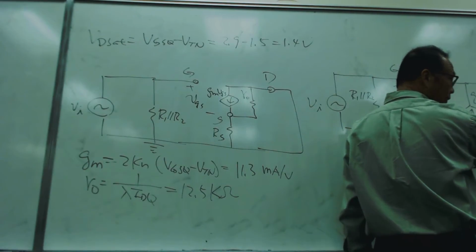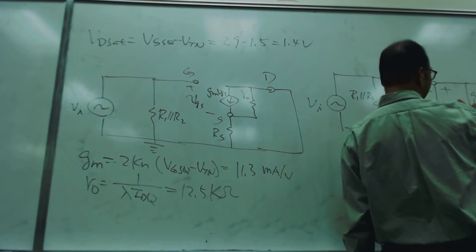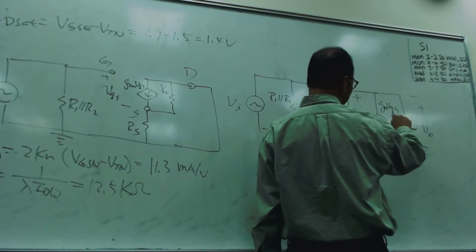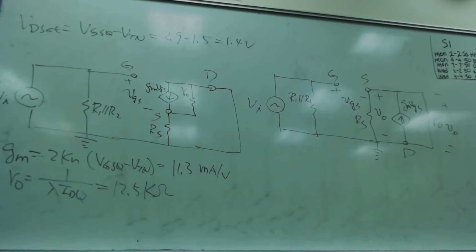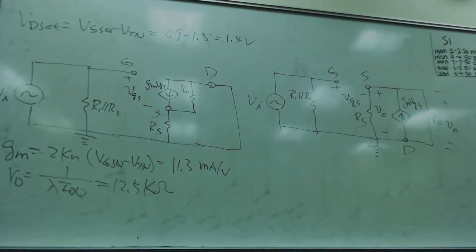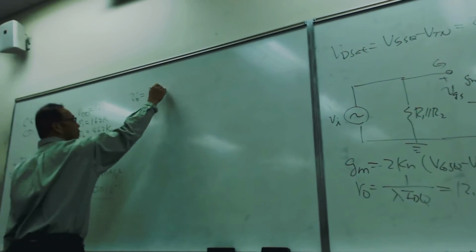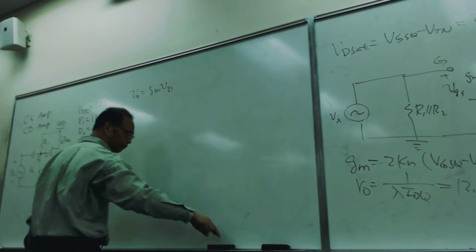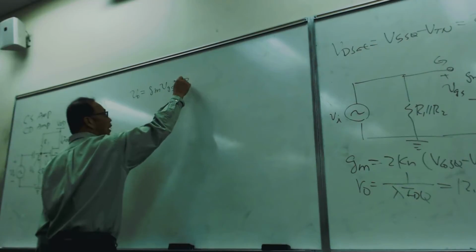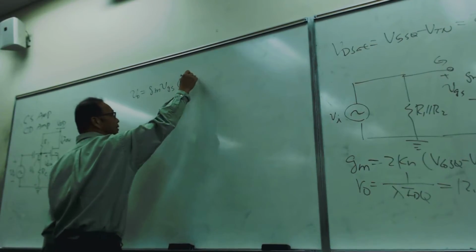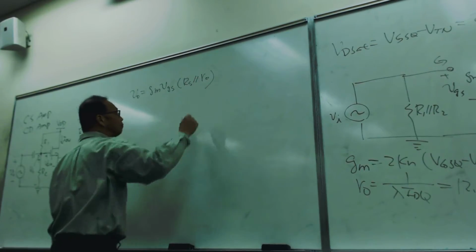Okay, and the current going up, so basically you can put these two in parallel. The current is going downward. So V sub O is GM VGS times R sub S in parallel with R sub O. Correct?